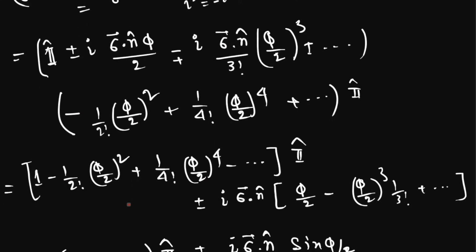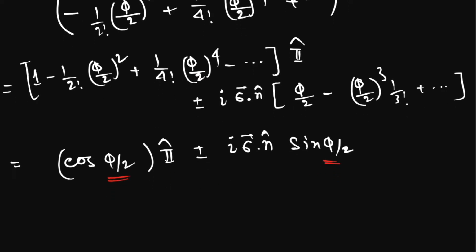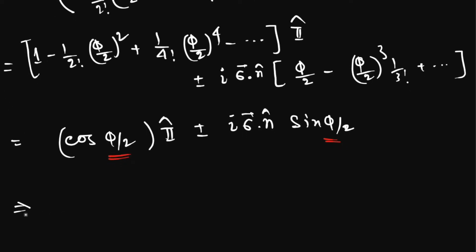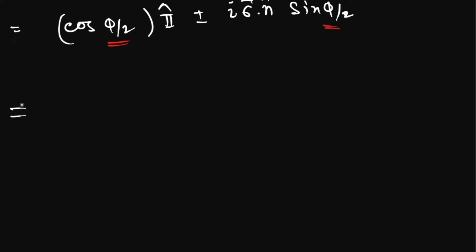which rotates the state by phi by 2. Now let us solve the asked question, that is, this transformation will not change the determinant of this sigma dot A. Now we are in a position to solve the asked question.